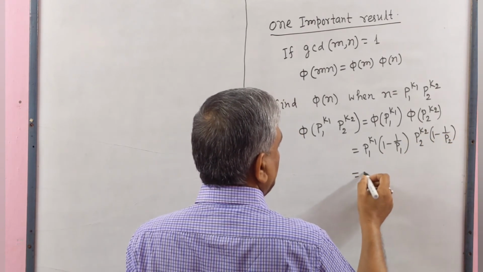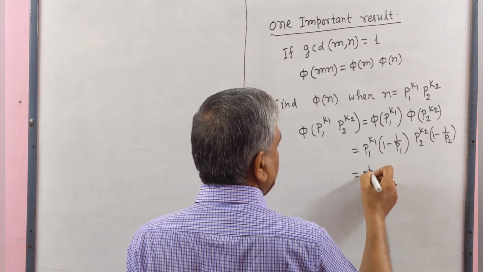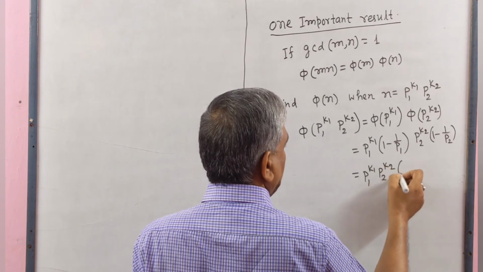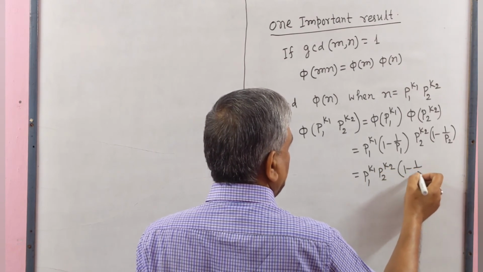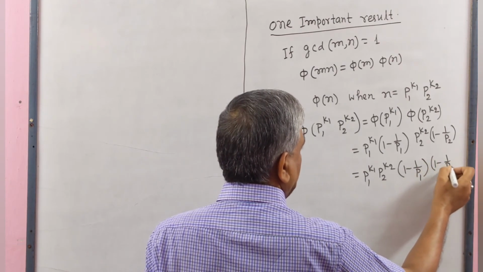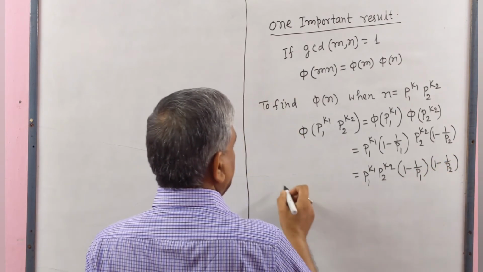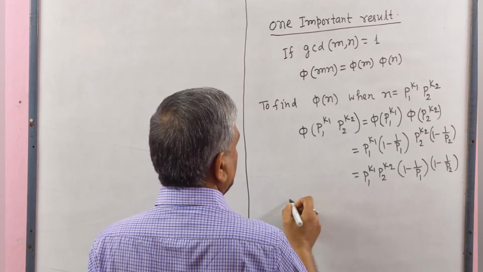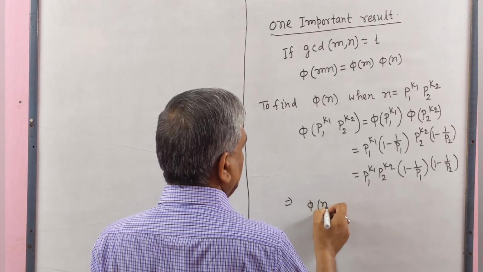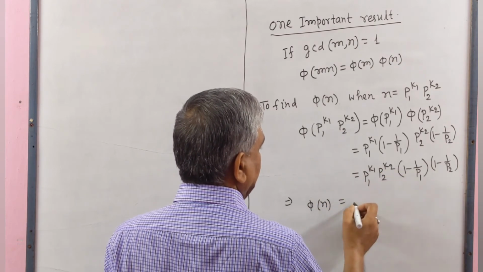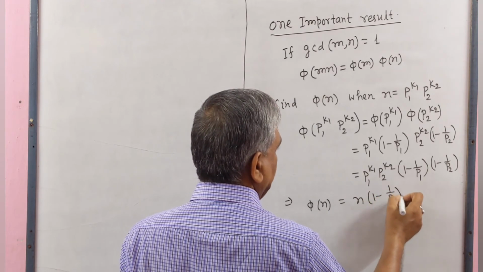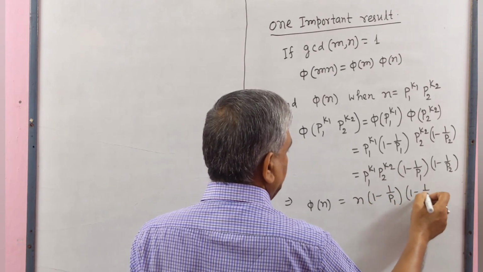This means P1 to the power K1 P2 to the power K2 (1 minus 1 by P1)(1 minus 1 by P2). This means this is phi n, equal to n (1 minus 1 by P1)(1 minus 1 by P2).